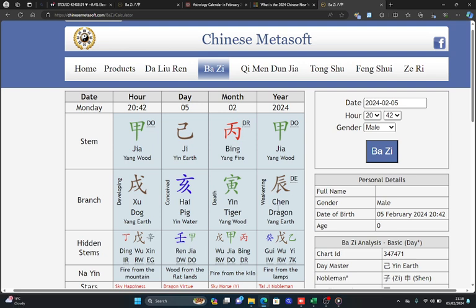We have dragon, which is a yang Earth, and we have the yang wood as the heavenly stem in 2024. So the yin Earth will have a slightly easier time than the yang Earth. Okay.